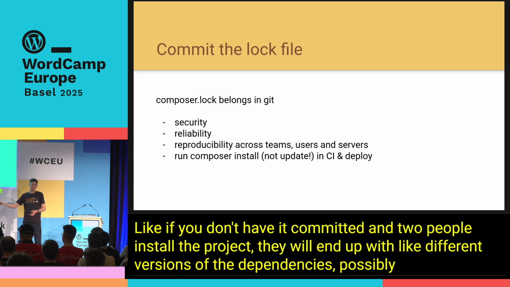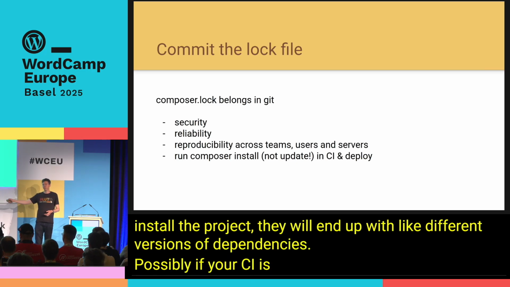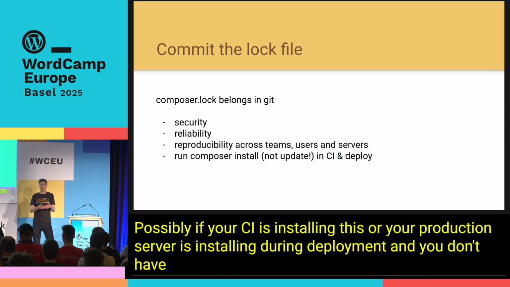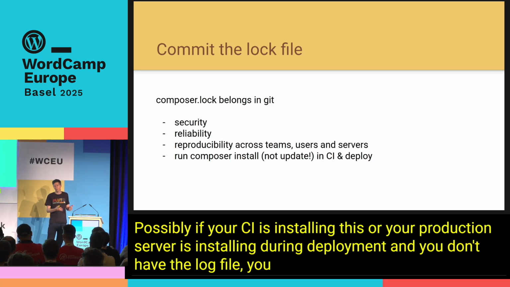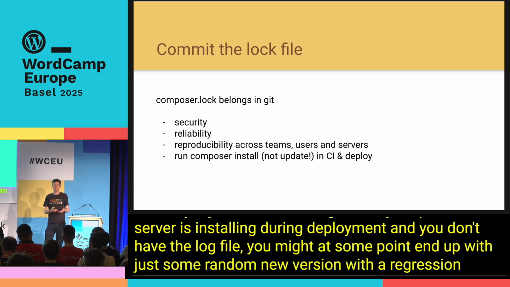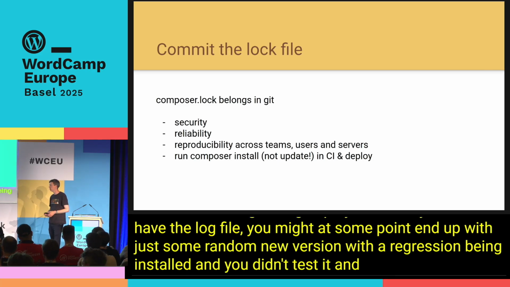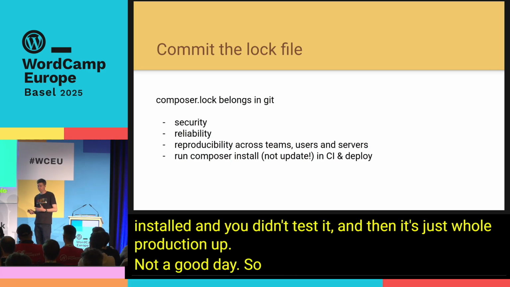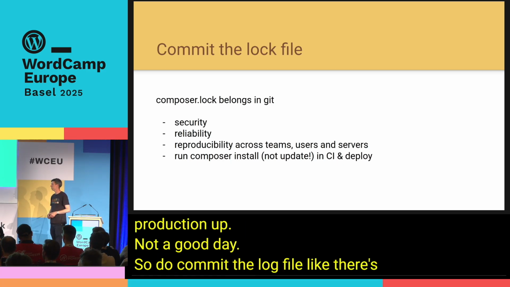If your CI is installing this or your production server is installing during deployment and you don't have the lock file, you might at some point end up with just some random new version with a regression being installed and you didn't test it, and then the whole production blows up. Not a good day. So do commit the lock file. There's a good reason it's there.